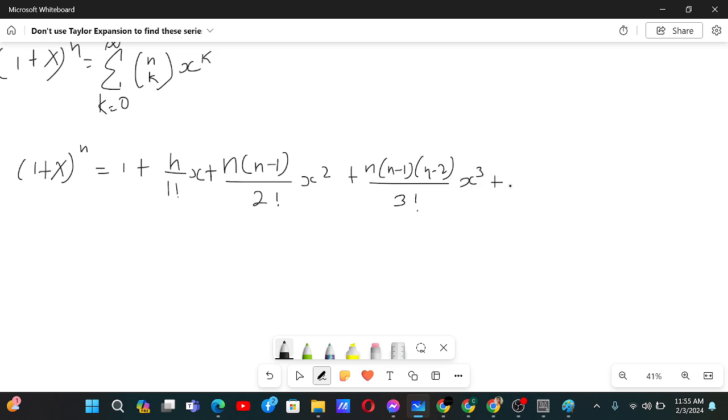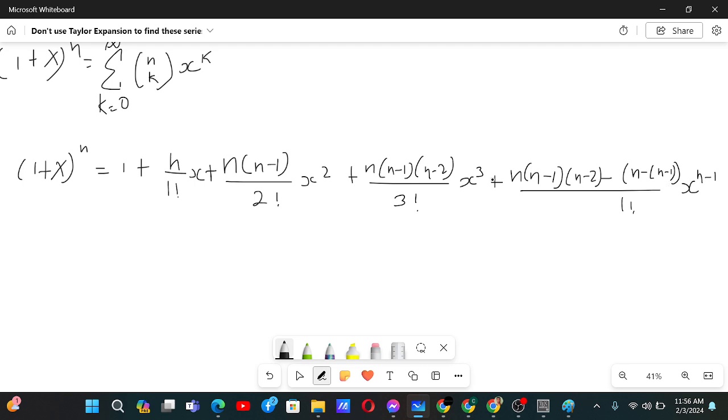And if it goes on like this, basically we'll reach a point where we have n minus 1 and so on, down to x to the power n minus 1.